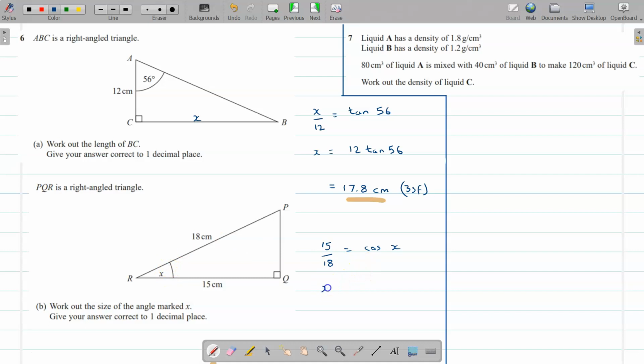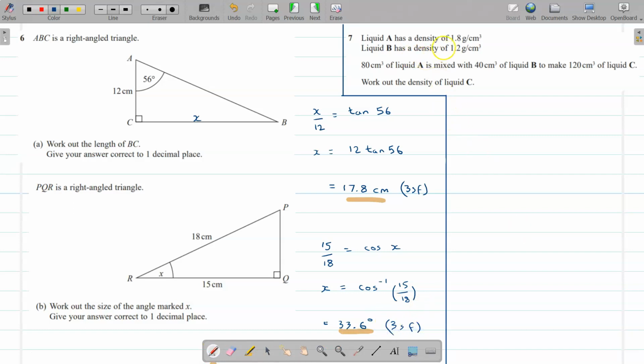Therefore, x is the inverse cosine, shift cos on the calculator, of the fraction 15 over 18, and that will come out to be 33.6 degrees to 3 significant figures. Okay, and that's 3SF.